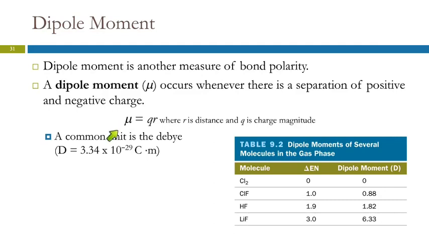That can be measured as mu, the dipole moment, equals Q times R, where Q is the charge magnitude and R is the distance between them. The unit commonly used for this is called the debye, with a capital D, and it's equal to this many coulombs times meters. I want you to have seen that that is a unit.